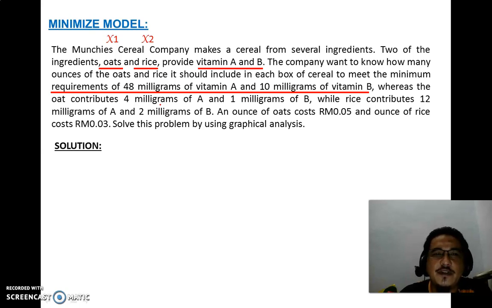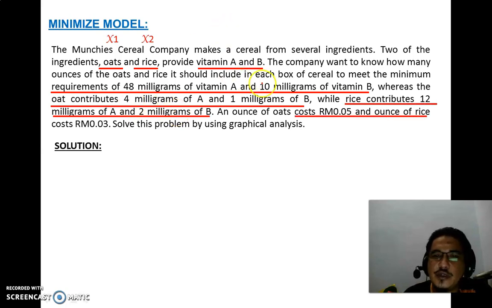The requirement is 48 mg of vitamin A and 10 mg of vitamin B. Oat, S1, contributes 4 mg of vitamin A and 1 mg of vitamin B. Rice contributes 12 mg of A and 2 mg of B. So here is the cost.